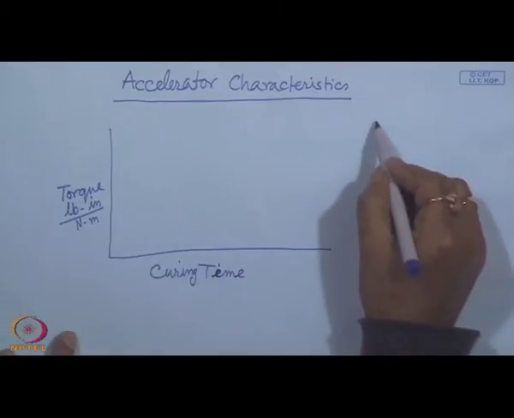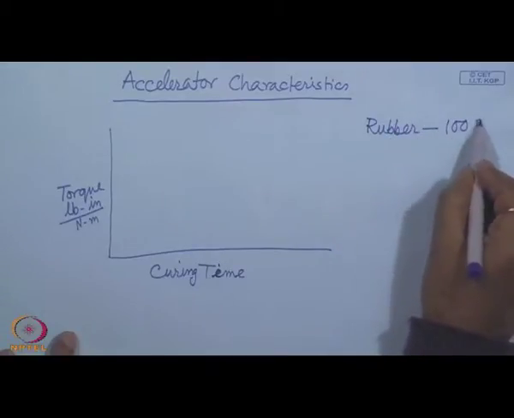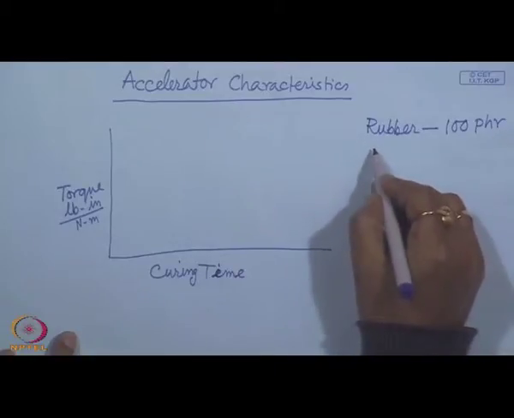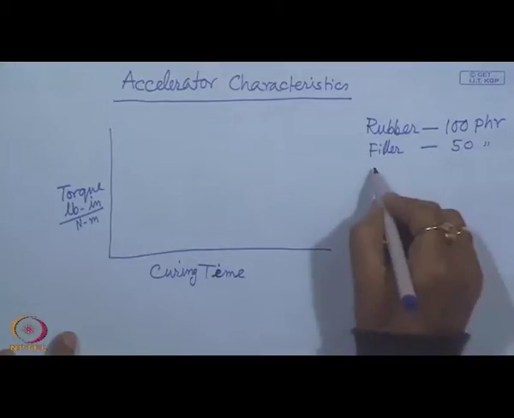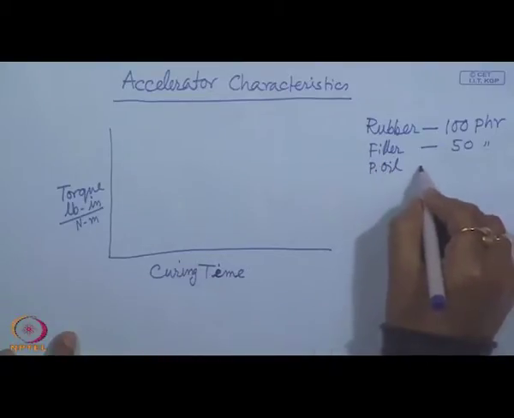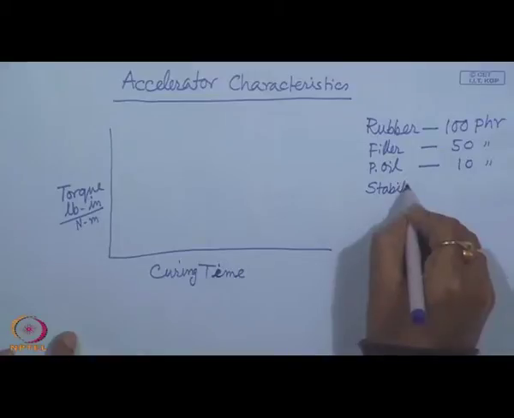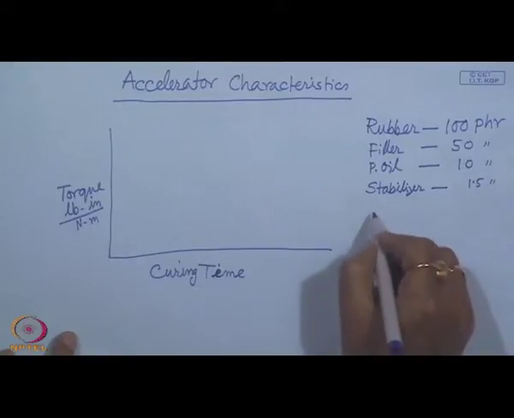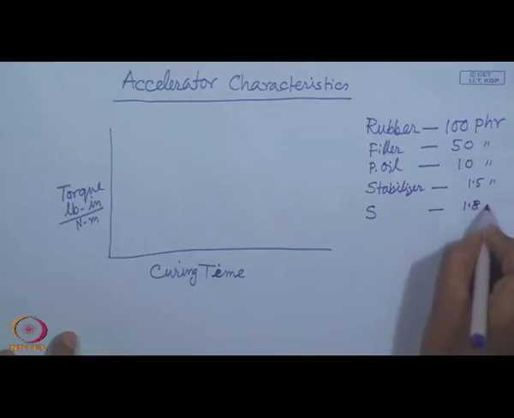A rubber compound contains rubber, say for example, 100 phr, parts by weight, then filler that may be 50 phr, then process oil that may be 10 phr, then stabilizer, antioxidant, that may be 1.5 phr, and sulfur as the cross linking agent that may be present as 1.8 to 2 parts by weight.